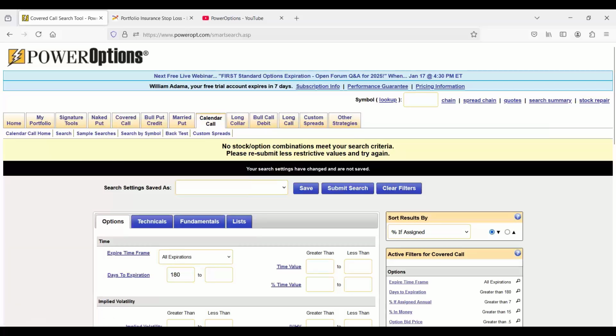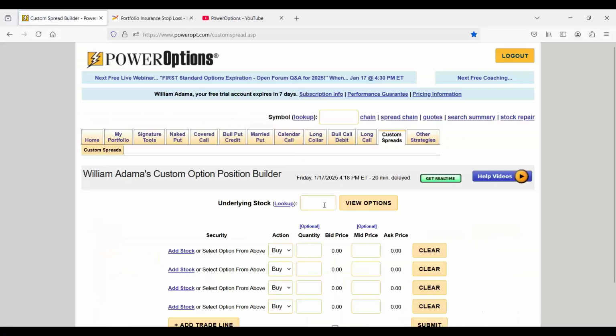Let's just go back and we're just going to enter it manually into the custom spread tool to look at the Shopify position that did come up right before the close of the day. So we had Shopify on the simulated CD search. We're just going to buy 100 shares, and the price from our previous screenshot was 103.31. 103.29 is what the profit and loss chart showed us when we linked over to it during that change.